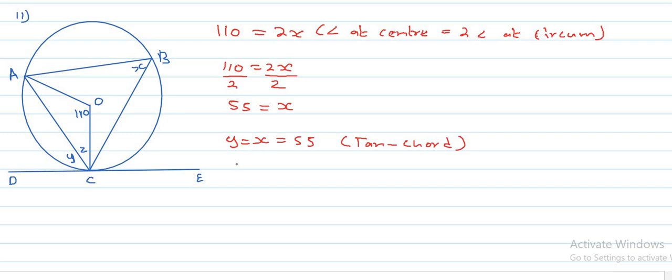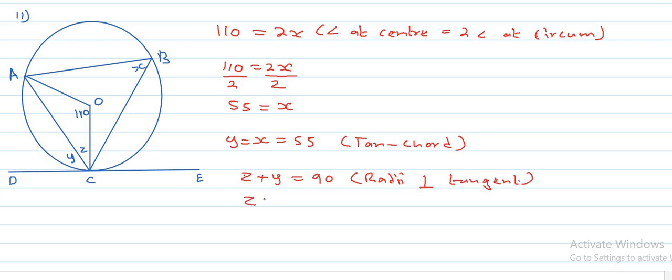So, what is the value of z? Z plus y equals 90 degrees. What is the reason? Radii is perpendicular to the tangent. We calculated the value of y to be 55.